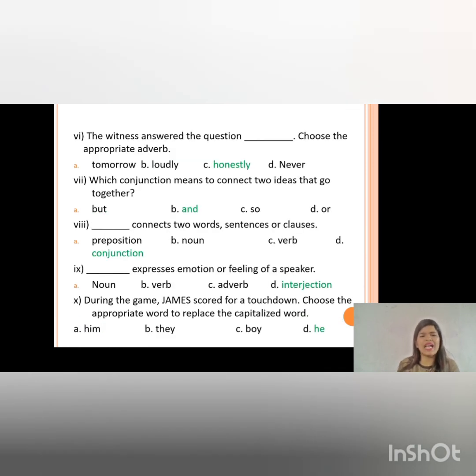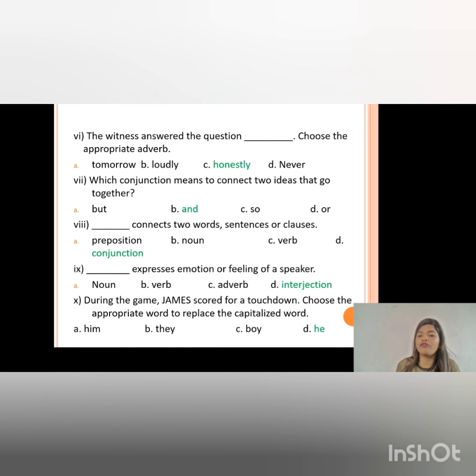The witness answered the question honestly. That is the appropriate adverb here for the sentence. Which conjunction means to connect two ideas that go together? That word is and, like I like apple and mango. Now dash connects two words, sentences or clauses, that is but, obviously a conjunction.